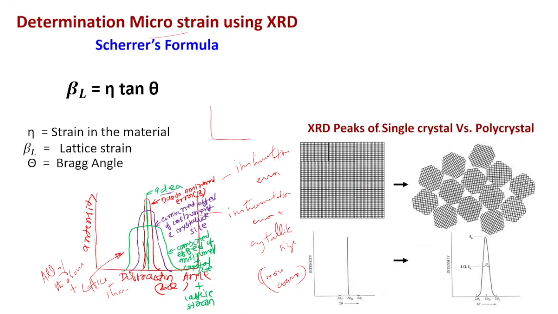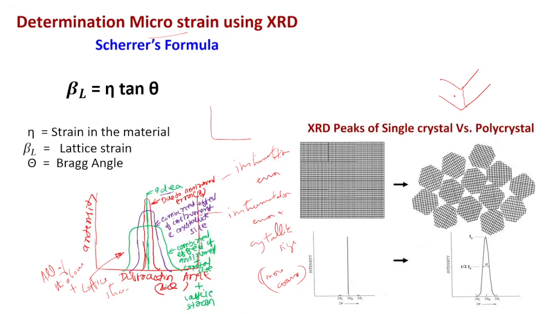And as we mentioned, for a single crystal, the peaks will be very, very sharp, whereas for polycrystalline materials, there will be broadening of the peak. There is actually a phenomenon where, when the X-rays reflect, if there are too many deviations, there will be a cutoff.